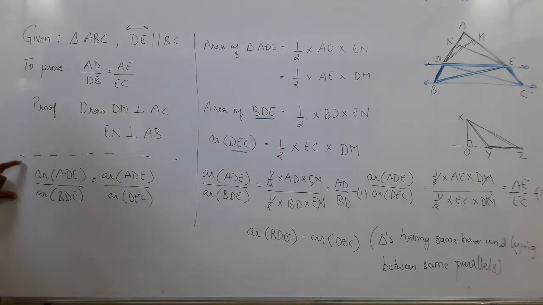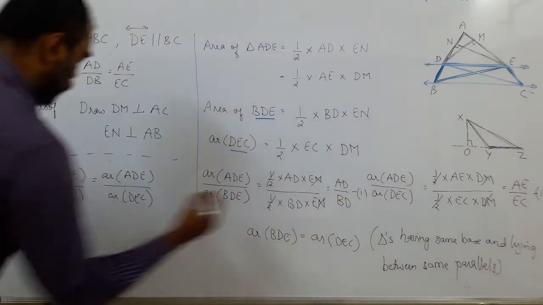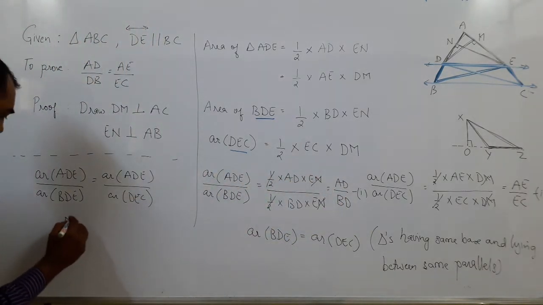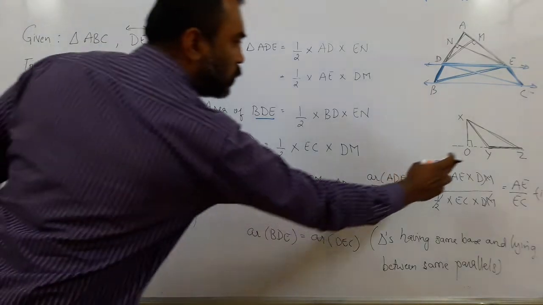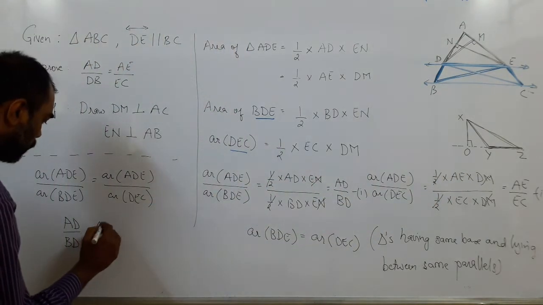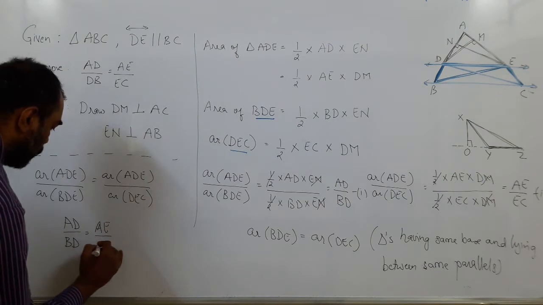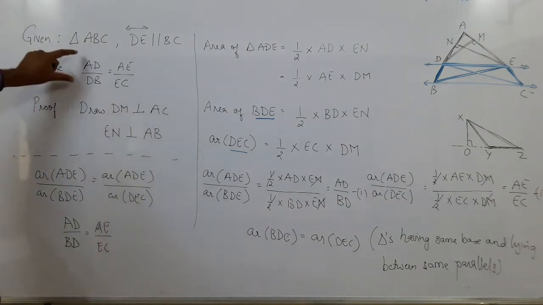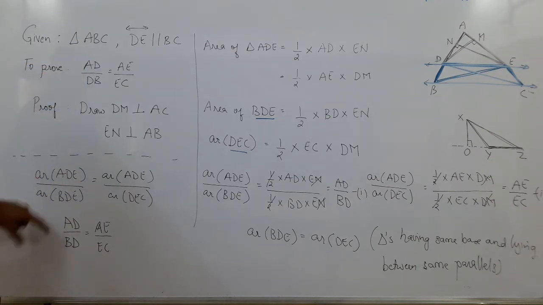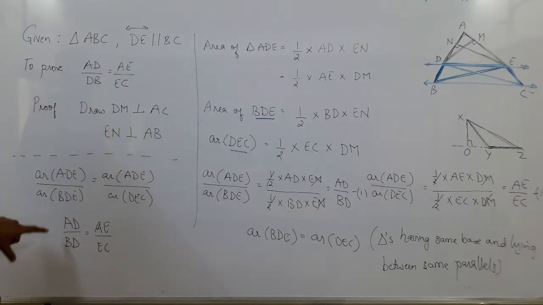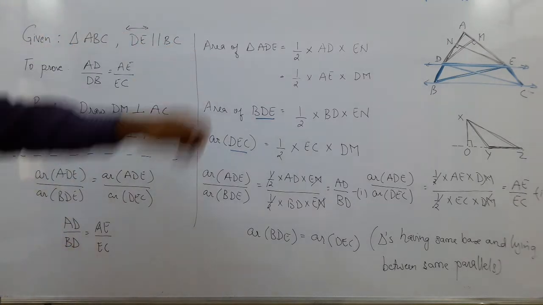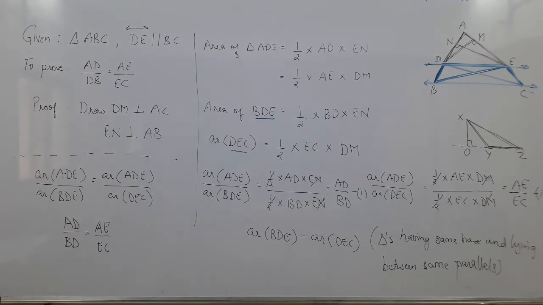But what was this ratio? This ratio was AD upon BD. And what was this ratio? AE upon EC. And that is what we were supposed to prove. This is DB, but this BD is the same thing. So AD upon BD equal to AE upon EC. This was what was to be proved, and we have now proved it.